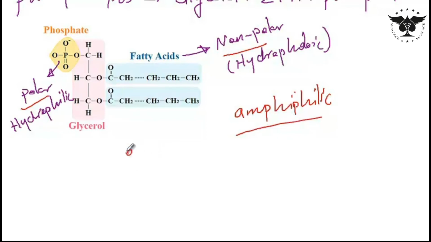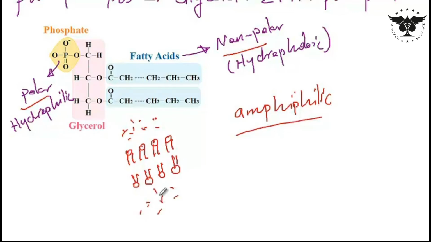And so therefore the cell membrane will have a lipid bilayer where the polar head of phospholipids, which would correspond to the phosphate head, would be facing outside as well as inside of the cell. So here we have the extracellular space that has so much water, as well as intracellular space, which again has water. So therefore the polar heads, which are hydrophilic, are now in contact with water, while the non-polar tails, which were fatty acid and are hydrophobic, are avoiding the water content of the cell.